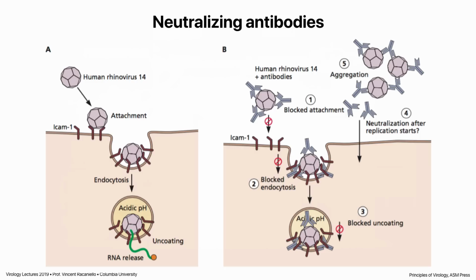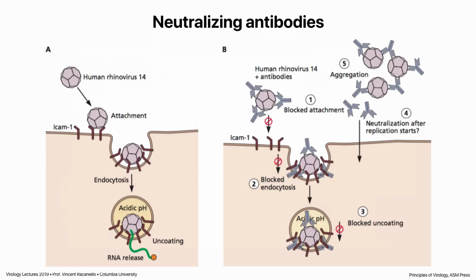They interfere with the uptake of the particle into the cell. Another set of antibodies can actually block uncoating. So the virus, with the antibodies bound to it, can bind the receptor, get taken up by endocytosis, but it ends up being in the endosome, not being able to have its RNA come out because the antibodies are somehow preventing the conformational changes that are needed for the RNA to get out.